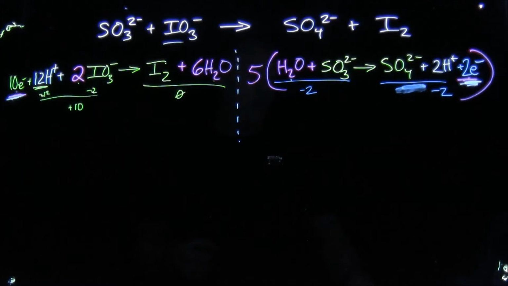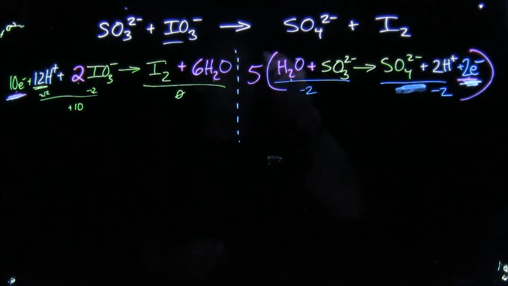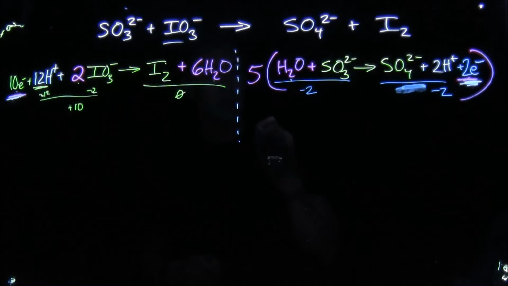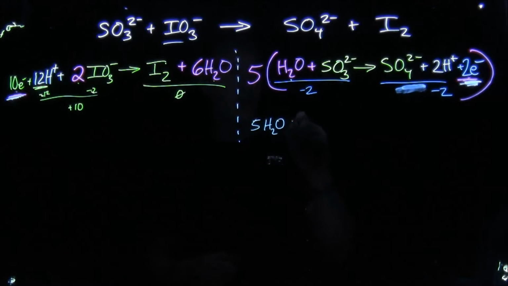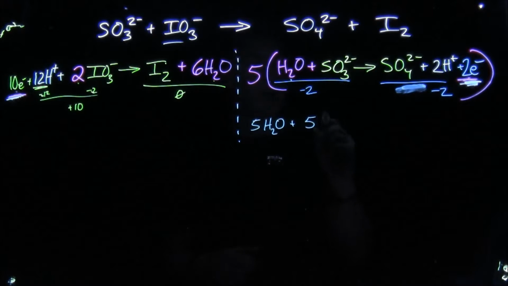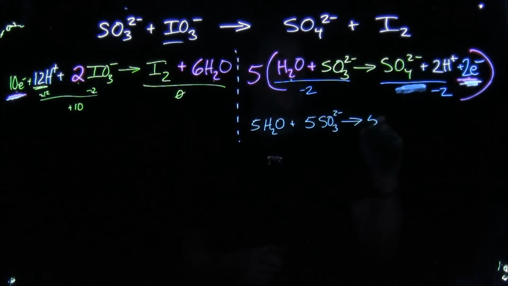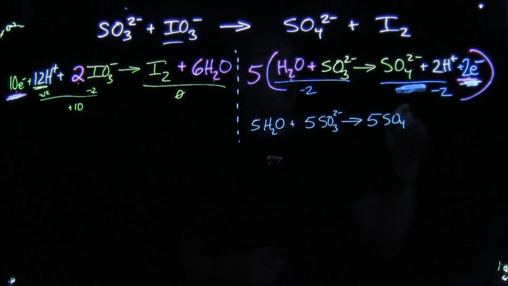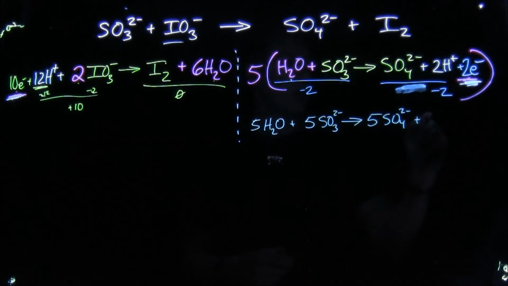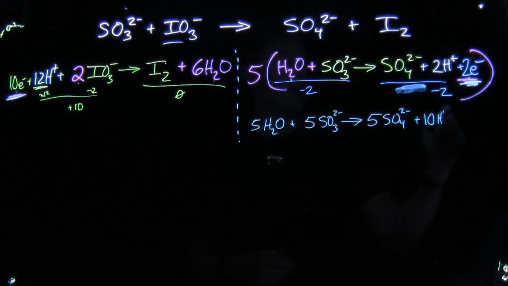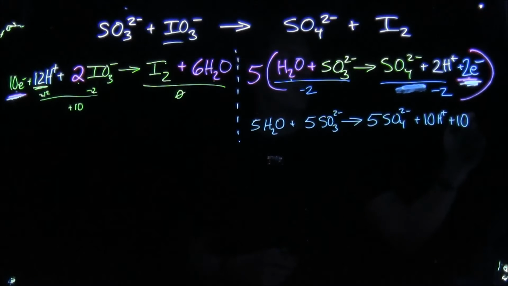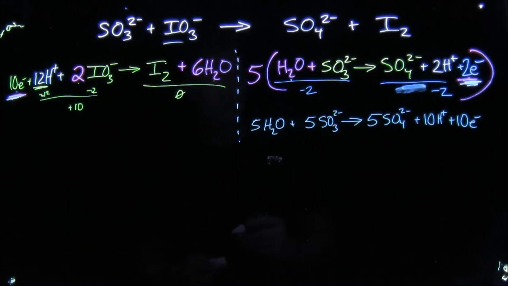And so if we multiply that whole thing by 5, so we'll distribute that 5 out, we end up with 5 waters reacting with 5 sulfites. That produces 5 sulfates, 10 hydrogen ions, and 10 electrons.